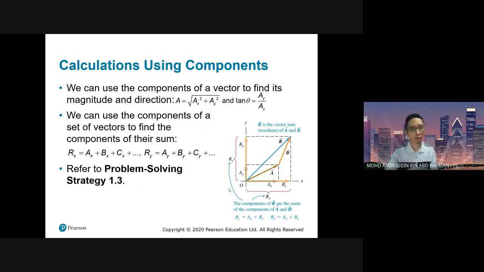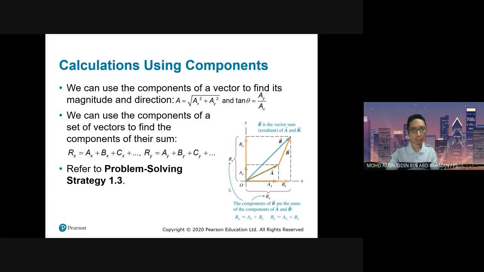So we can use the components of a vector to find the magnitude and direction. As we just solved, we find the Euclidean distance, the square root of ax squared plus ay squared, so you get the new vector. For the angle, you just use tangent to find the angle that the new vector made with the x-axis.